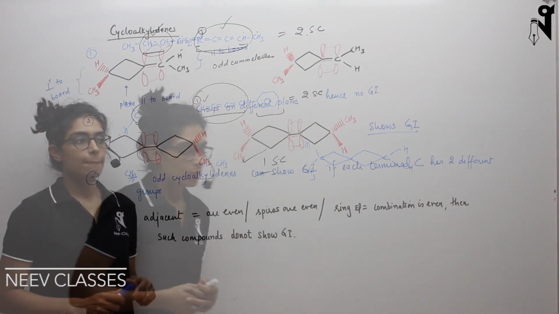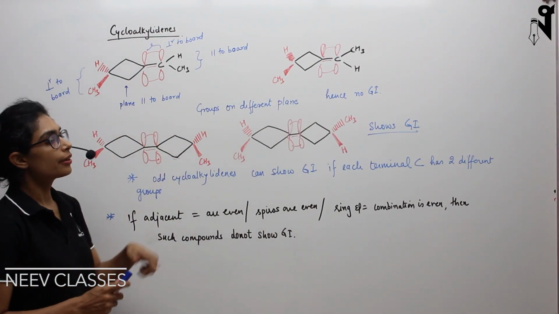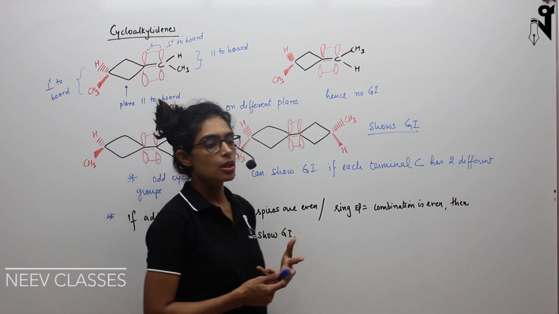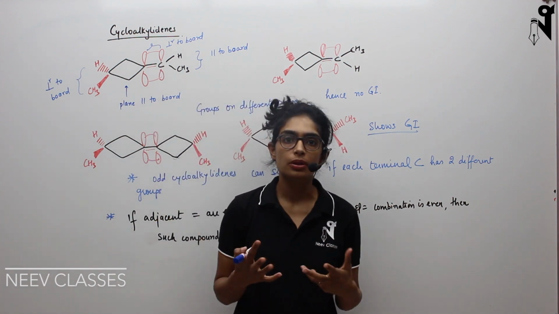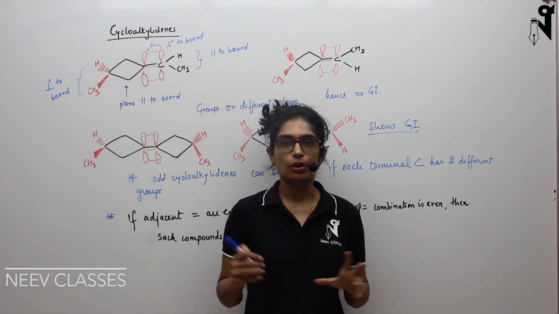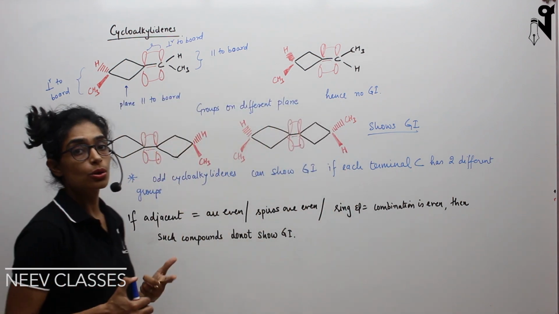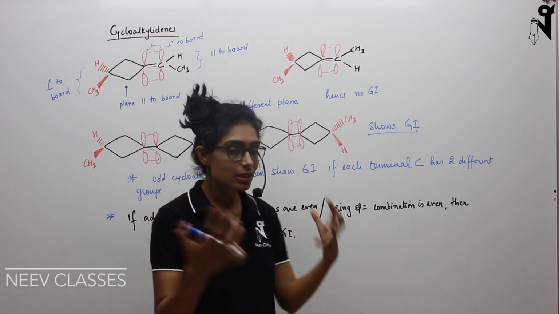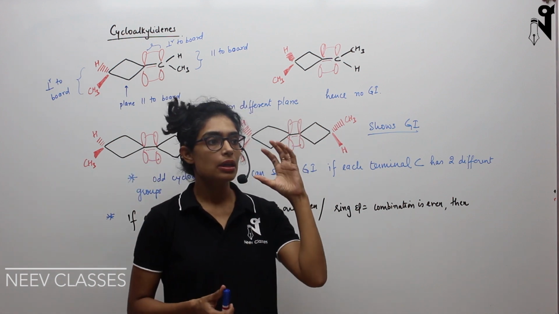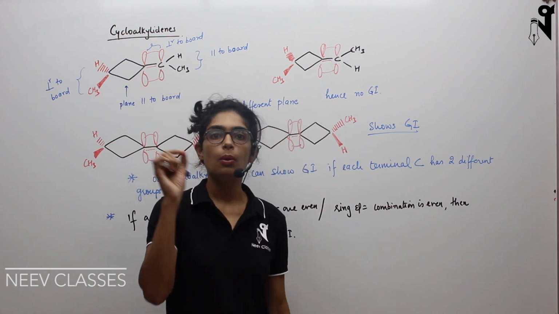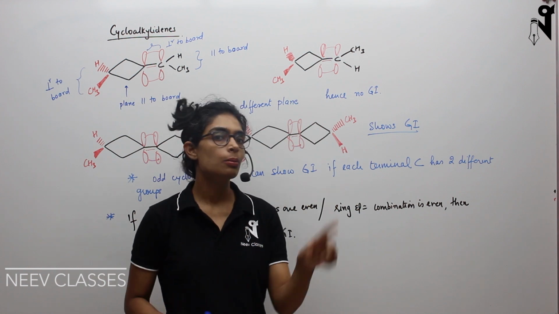Now we'll discuss cycloalkylidenes, which is again one of the cases of carbon double bond carbon, some weird cases where we have to figure out whether GI happens or not. So what are these compounds? The compounds which have some cyclic chains, then double bonds, and again cyclic chains, and then double bonds, and so on.